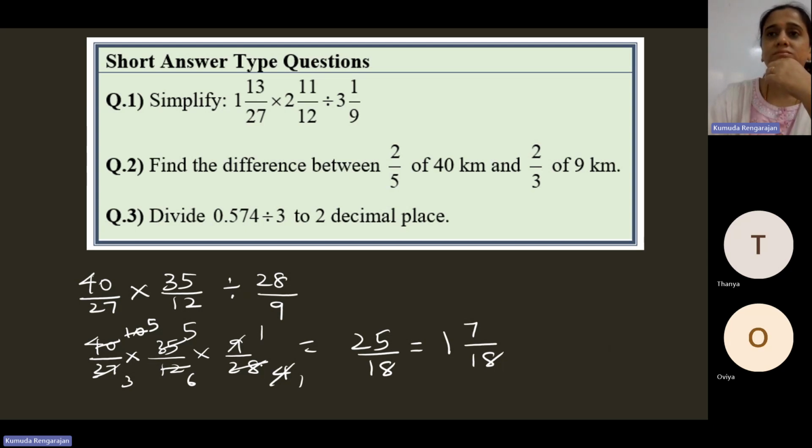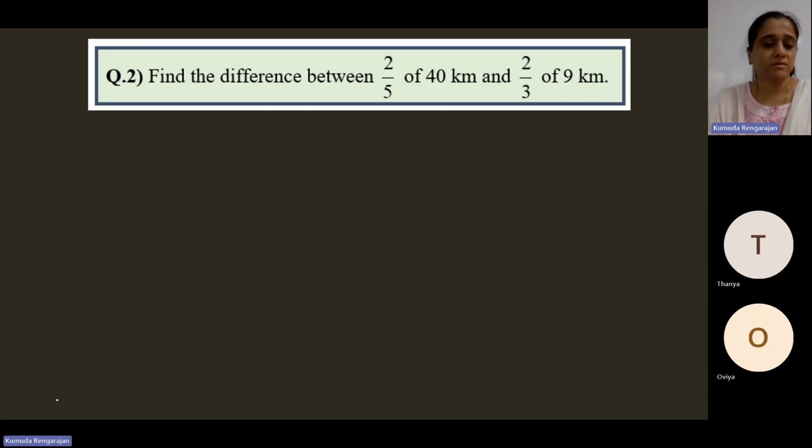6 kilometers. All right. Next one. Find the difference between 2/5 of 40 and 2/3 of 9.